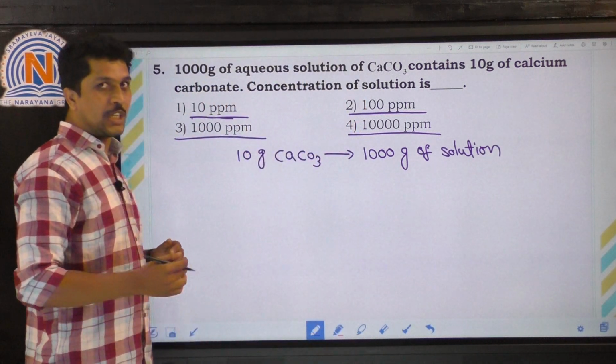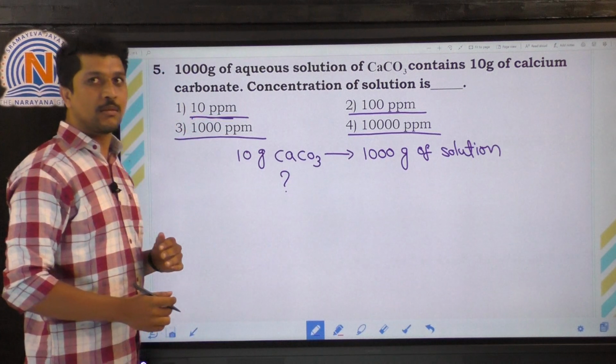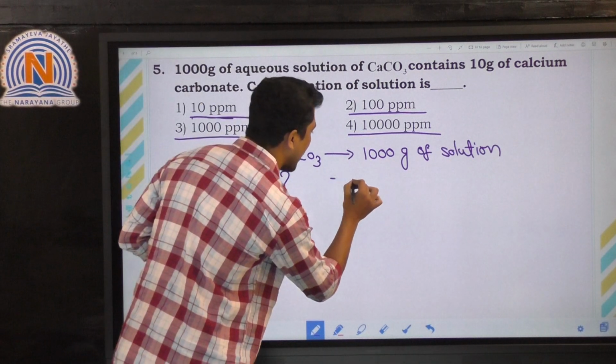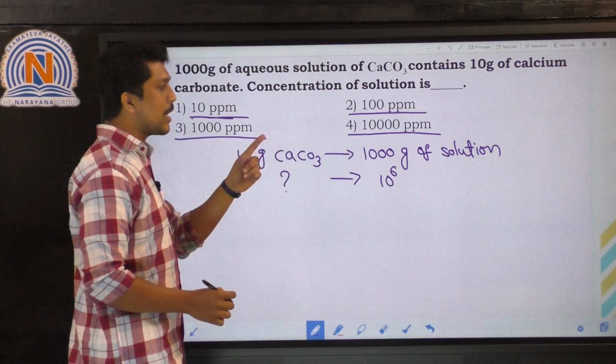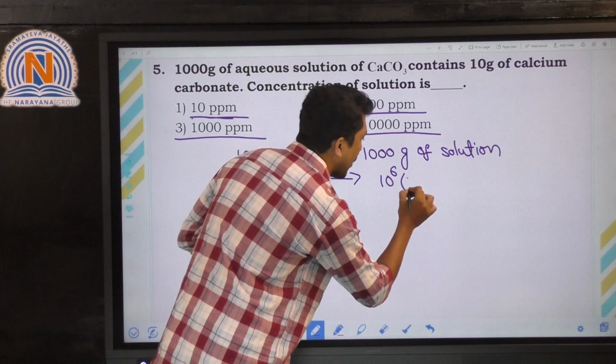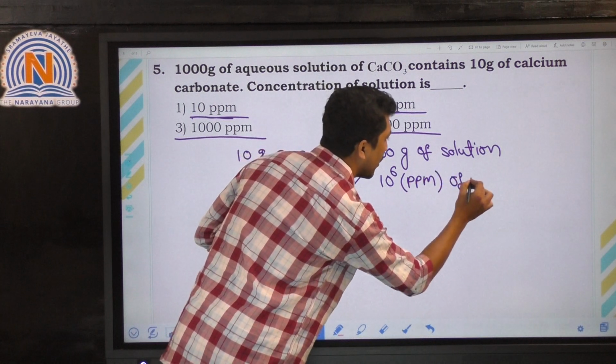Here we need to find how much amount of calcium carbonate is required to dissolve in 10 power 6 parts, that is parts per million, of solution.